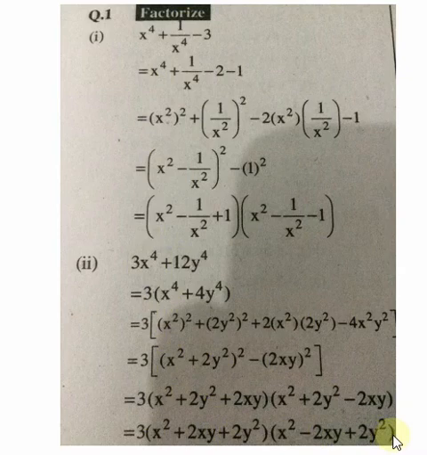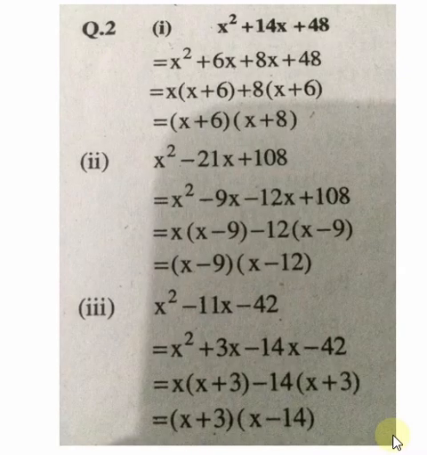Now we go to the next question, question number 2. This is x² + 14x + 48. In this type of question, we always try to make its midterm breaking. So we have to break this term 14x.